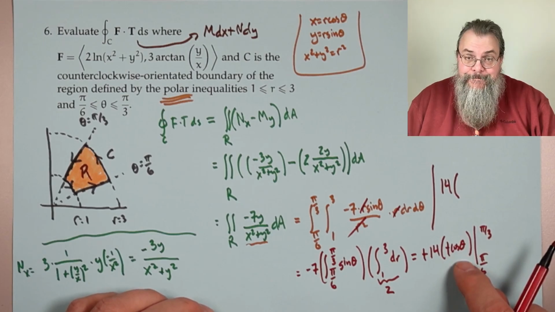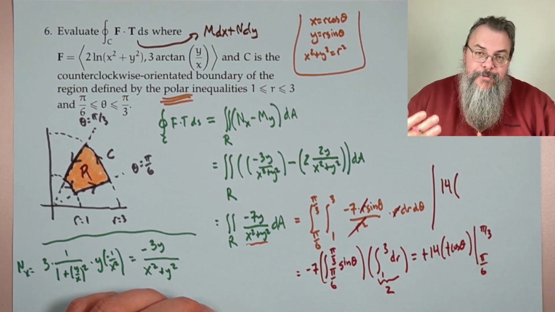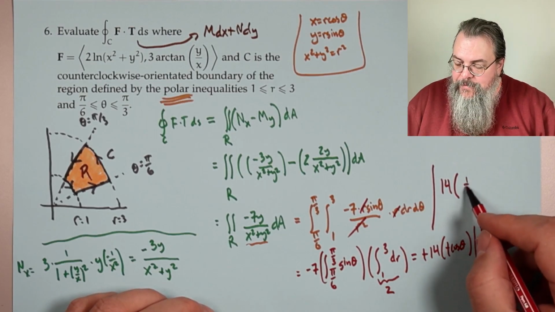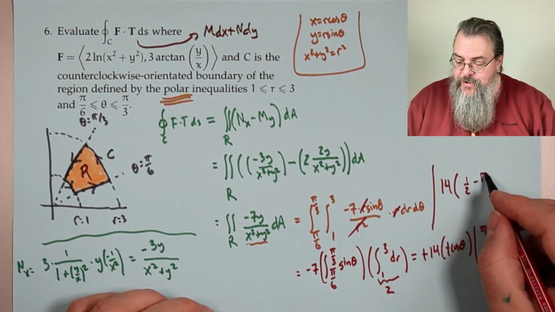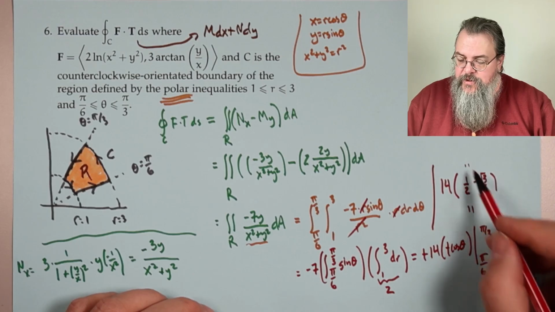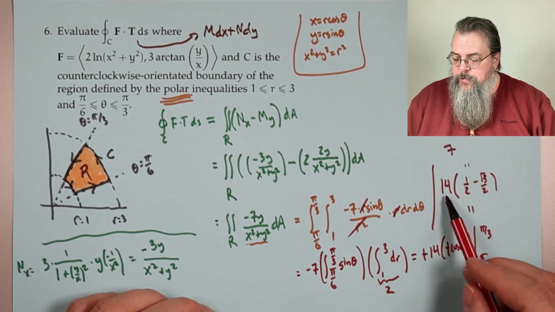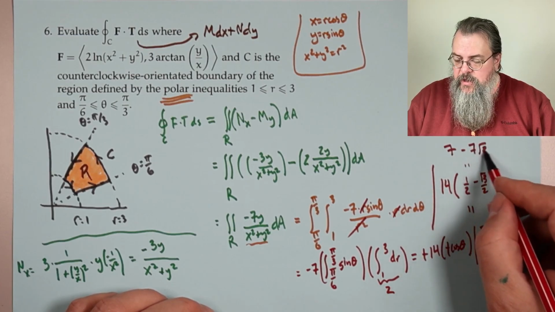It's a half. All right, know your trig values, unit circle. Cosine of pi over 6 is root 3 over 2. All right, and okay, now you can multiply through. 14 times a half, that makes 7. And then 14 times root 3 over 2 makes 7 root 3.